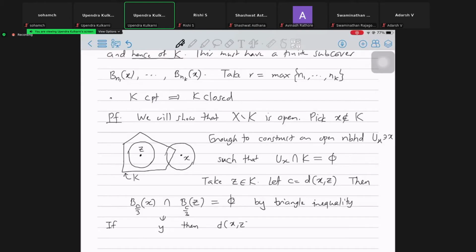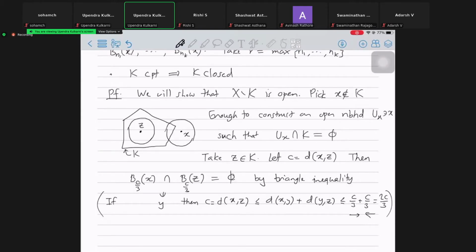The distance between X and Z will be less than or equal to the distance between X and Y plus the distance between Y and Z, which is less than or equal to C by 3 plus C by 3, which is 2C by 3, which is a contradiction because this distance is C. So things of this nature, we should just be able to do from now on without sweat. So this is the reason.